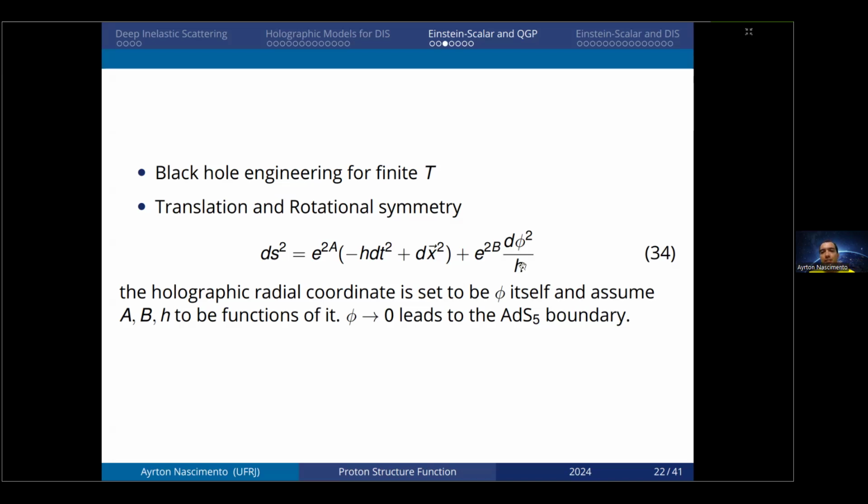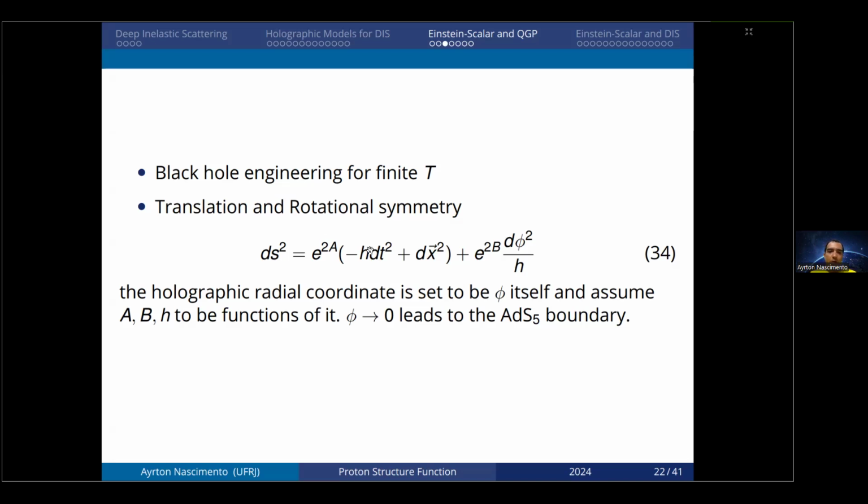People call it this because it is easier to work out the equations of motion. You have a space-time which looks like AdS, in which this phi over here acts as the holographic coordinate.